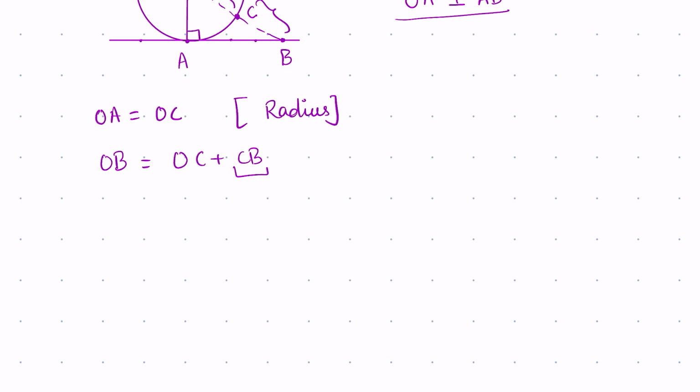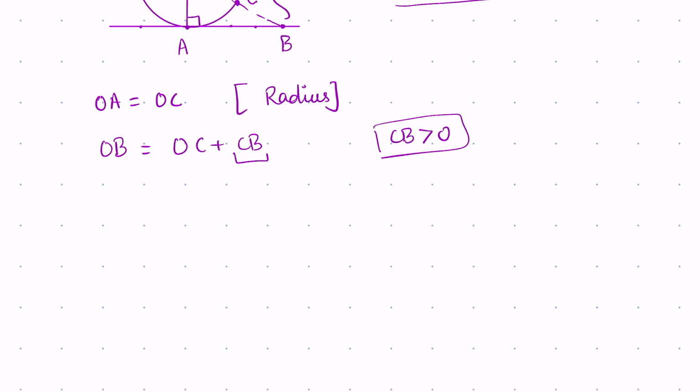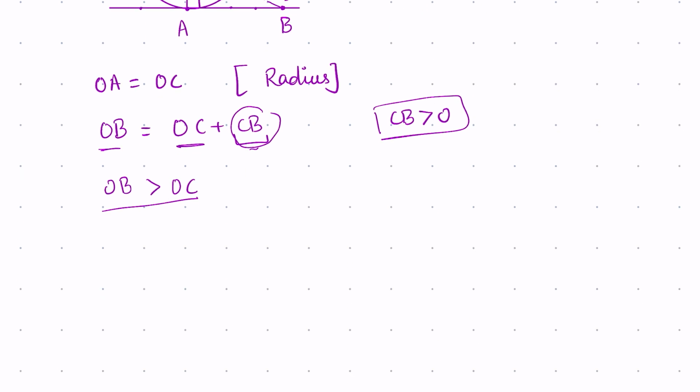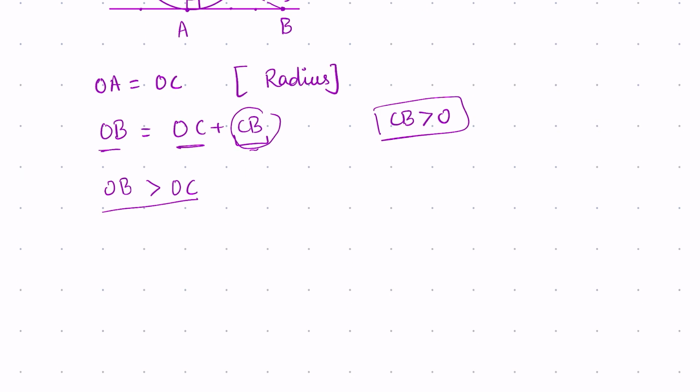So CB is some positive number, greater than 0, because it's a distance. That gives us OB greater than OC, right? Why? Because since CB is a positive thing, OB is OC plus something more. So we can confidently say that OB is greater than OC, right?